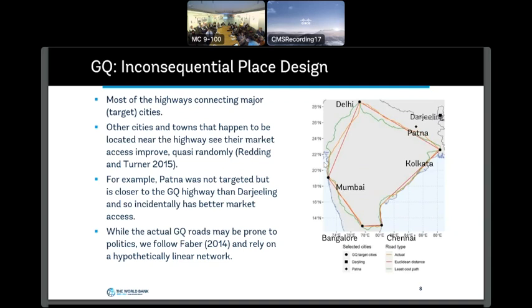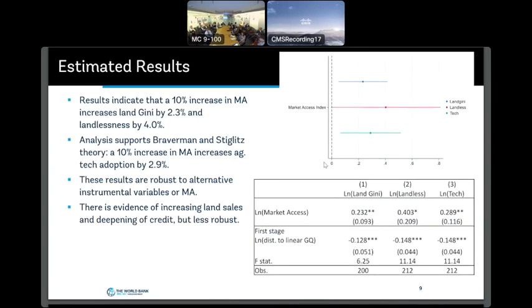So when we do that, we find that there is a strong positive relationship between the land Gini and market access, with a strong first stage.